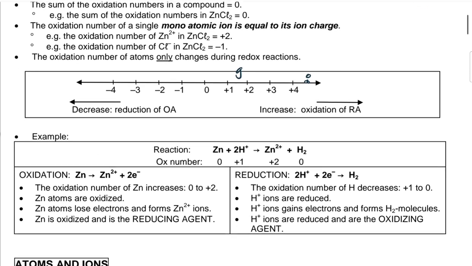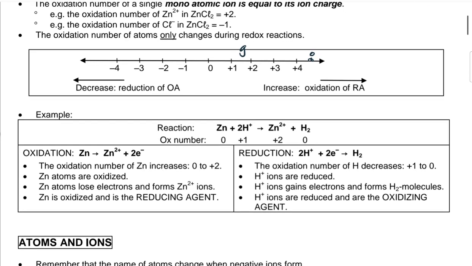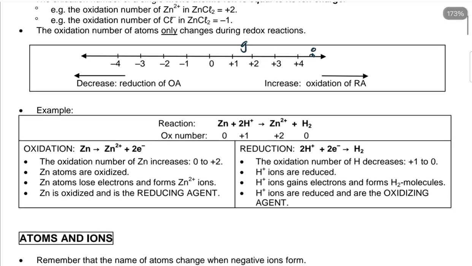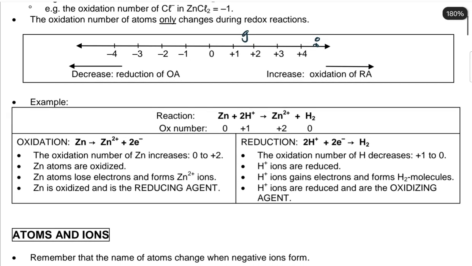Let me explain this. There is an example here, and this one is a nice example. Zn, H plus, Zn2 plus, and the hydrogen 0 there. So now I want to put in, okay, these are oxidation numbers.